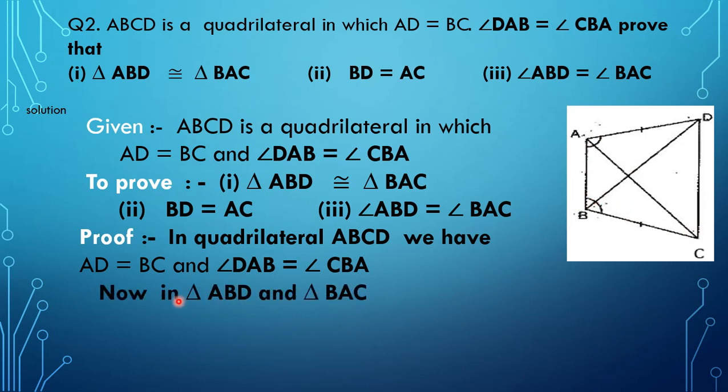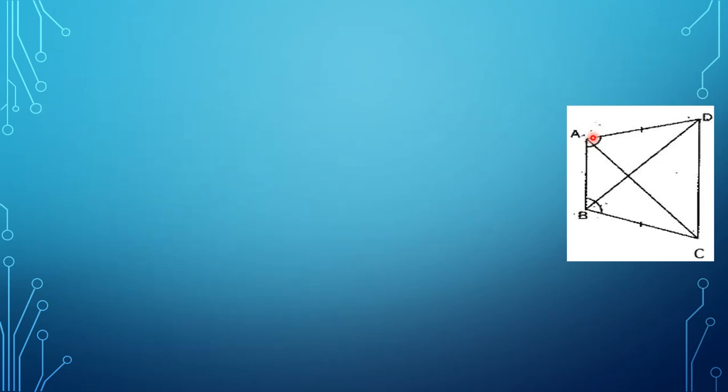In triangles ABD and BAC, we have side AD equal to side BC. It is given. Again, angle BAD is equal to angle ABC, or we can say angle DAB is equal to angle CBA. It is also given in the problem.